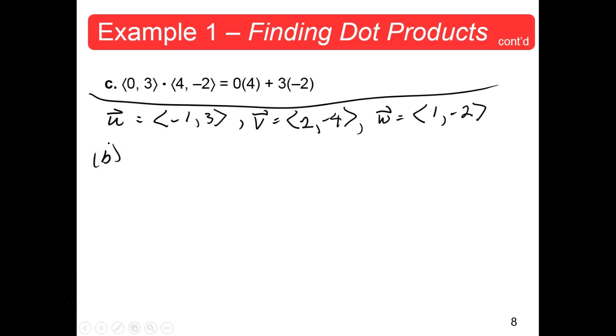The B part says, start with vector U and dot that with 2V. And how do you do that? What would be your procedure? Vectors, so that would be negative 1, 3, there's your U, dot that with 2 times vector V, which is 2, negative 4.